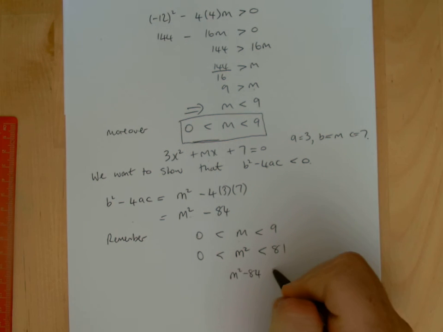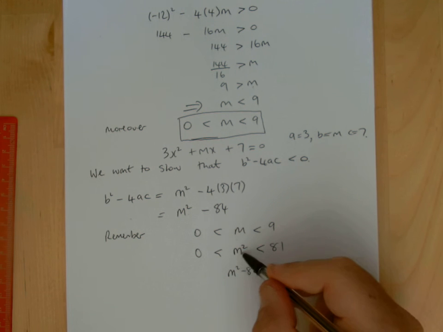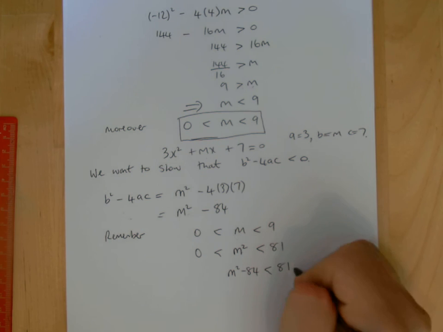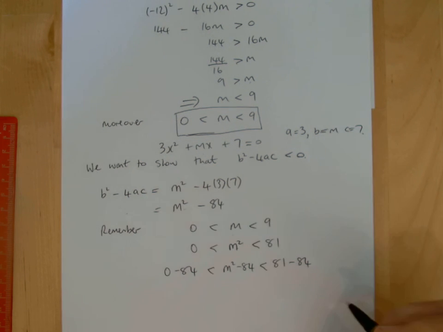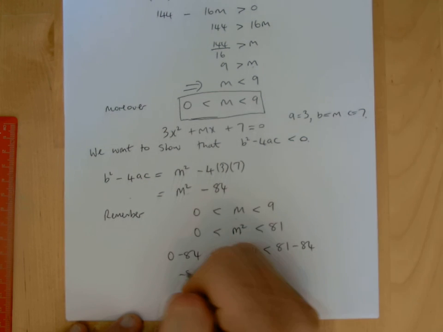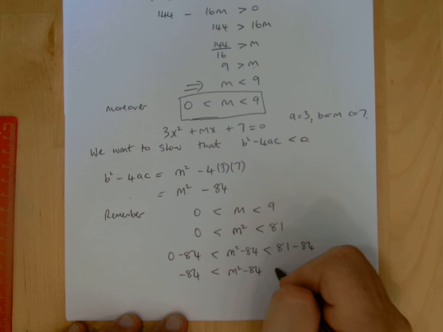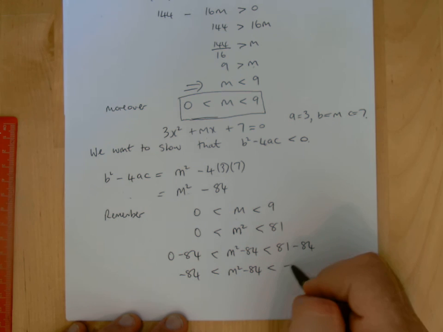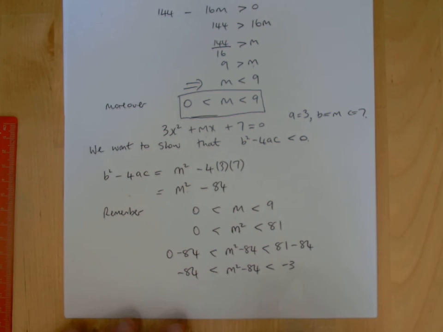So that's m squared, but I want an expression for m squared minus 84. Because this is m squared, I just need to take away 84 from both sides of the inequality here. So I end up having minus 84 here, and then this will be minus 3, yeah? So m squared minus 84 is between minus 84 and minus 3.